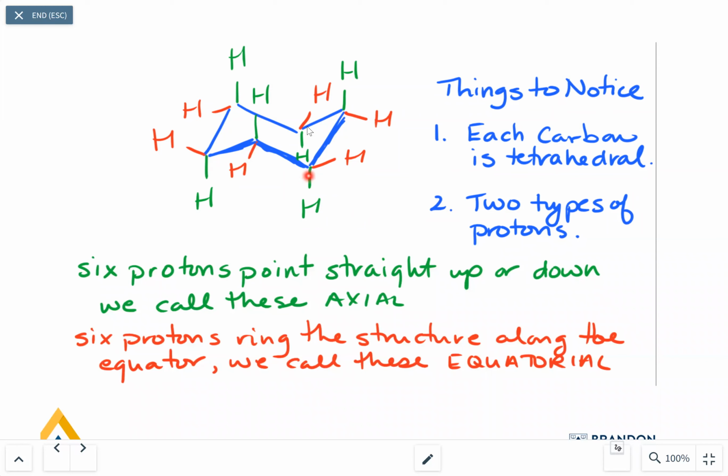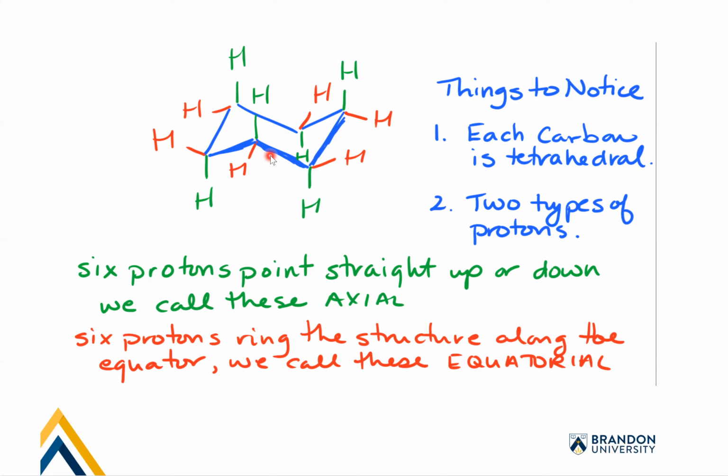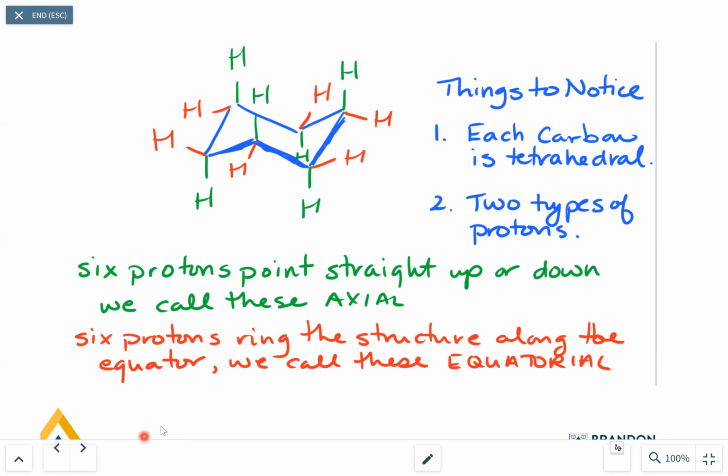And the ones on the valleys at the bottom, the axial protons, are pointing straight down. Then we've got 6 protons that ring the equator, and we call these equatorial protons. So this is basically the chair conformation. And what we need to do is be able to draw these things.